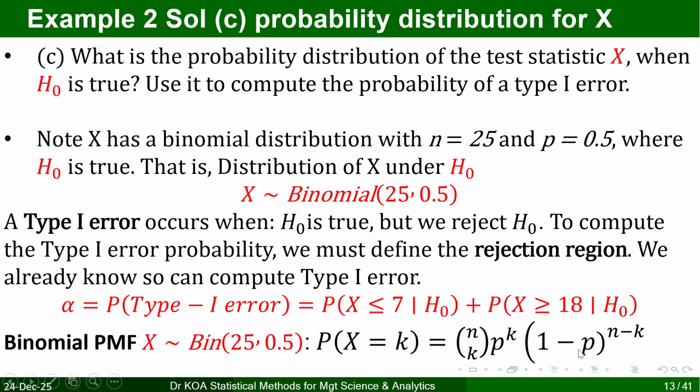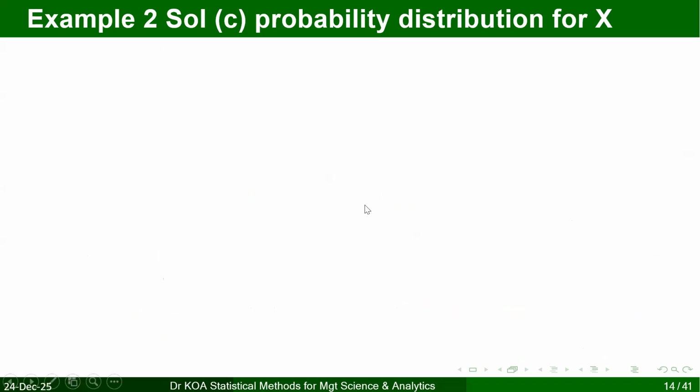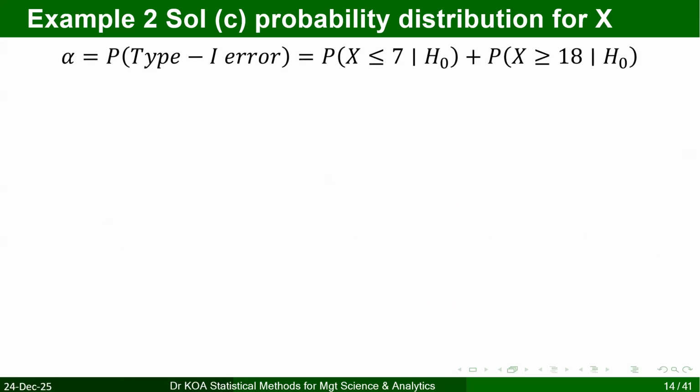So for each one, you're going to use this value. There is usually a table you can use. But that table, I like you guys to calculate it yourself. So forget about the table.